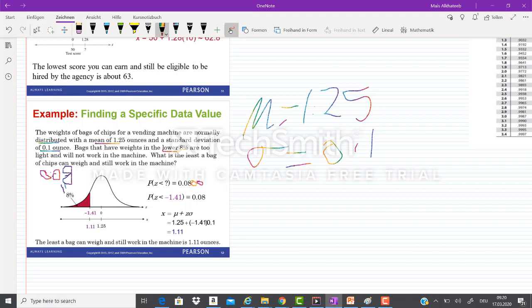Now I substitute into X equals mu plus Z sigma. Mu is 1.25, Z as calculated is minus 1.41, multiplied by sigma which is 0.1. So I will get 1.11.